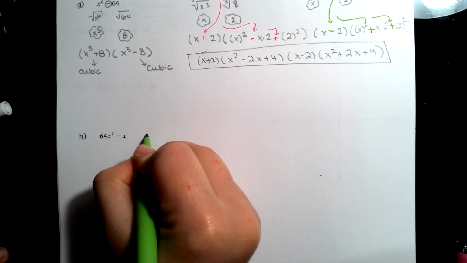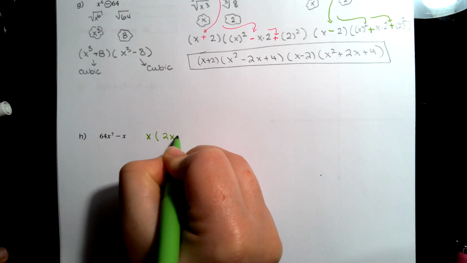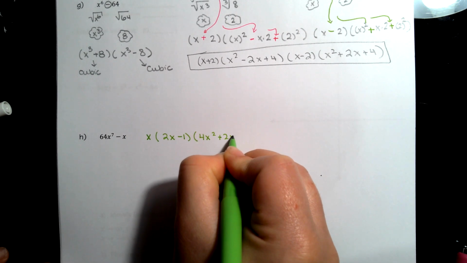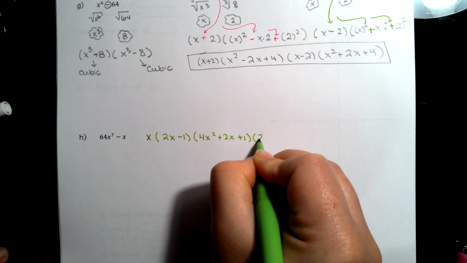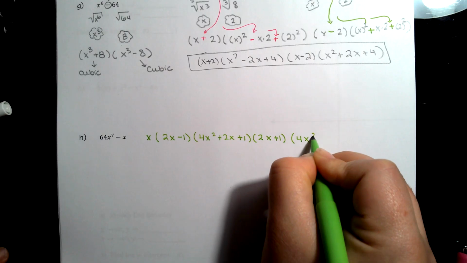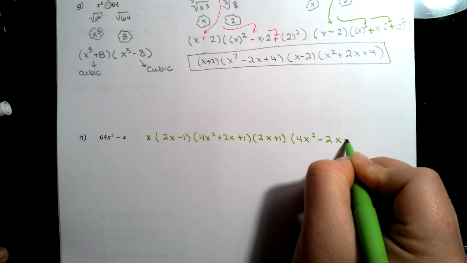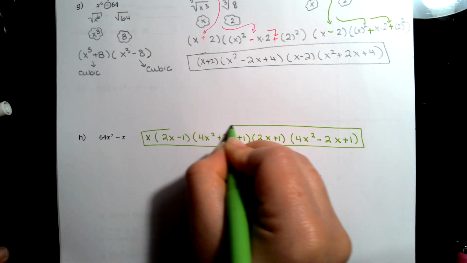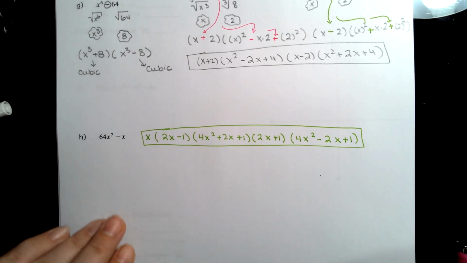So we have x open 2x minus 1, 4x squared plus 2x plus 1, and 2x plus 1 times 4x squared minus 2x plus 1. You must show work for credit. Please do not just copy down answers.